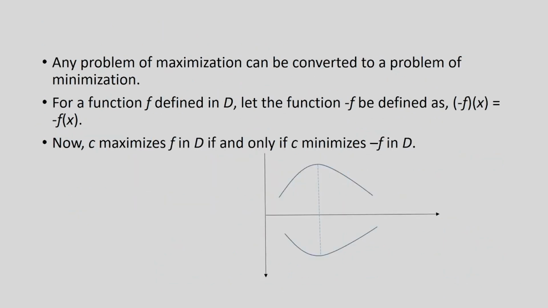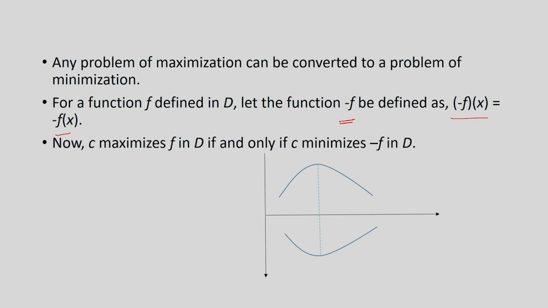Okay. Now, there is a correspondence between maximization problem and minimization problem. Any problem of maximization can be converted to a problem of minimization. For a function f defined in the domain capital D, let us define another function which is called minus f. So, f is a function. Now, we are defining another function which is minus f. How are we defining it? Minus f of x is just equal to minus f(x).